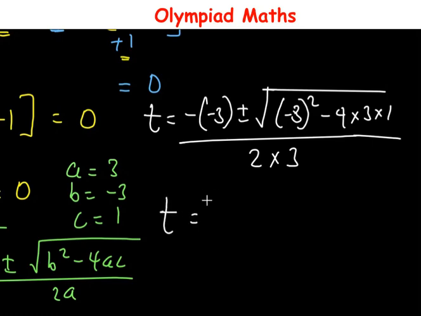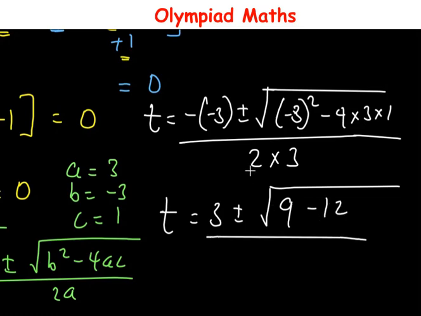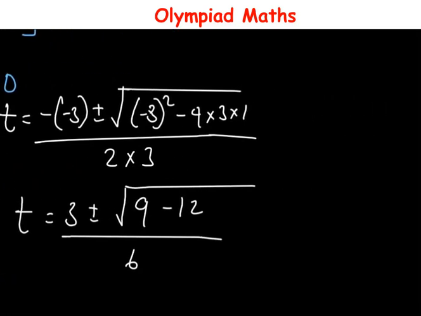So t is then equal to minus times minus 3 is plus 3, plus or minus square root of minus 3 squared is 9, then minus 4 times 3 minus 12 times 1 minus 12, all over 2 times 3 is 6. So with this, the value of t is equal to 3 plus or minus square root of 9 minus 12, the value is minus 3, then over 6.